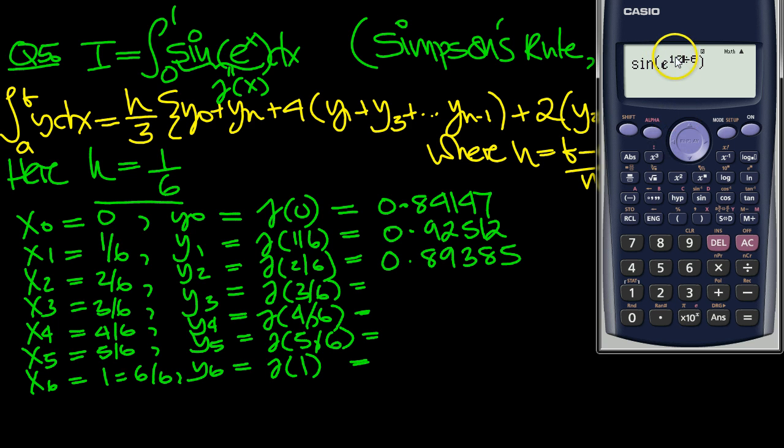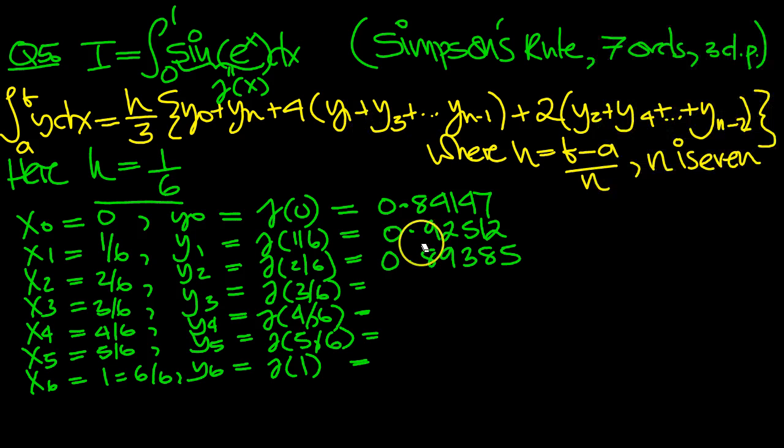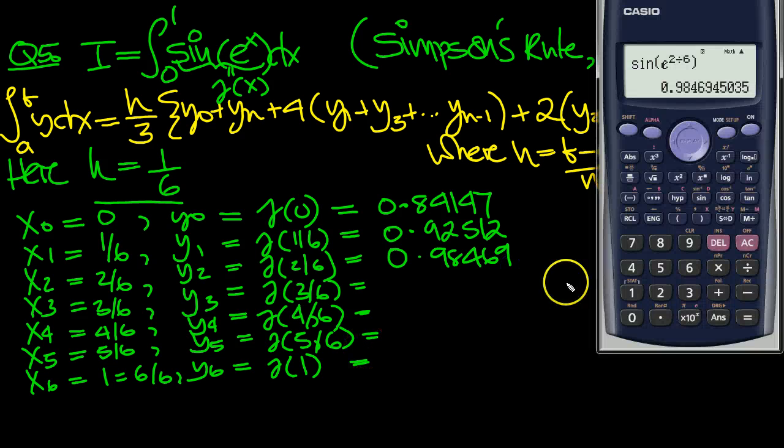It looks like I put 12/6 here, where I should have put 2/6. So let's put 2/6 in. 0.98469. Now 3/6.